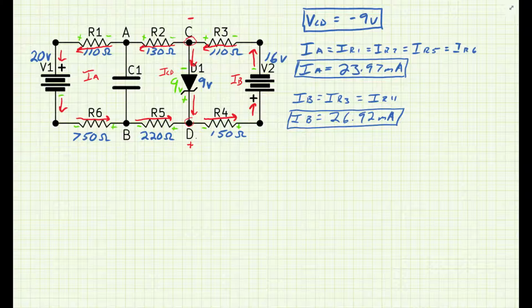All right, so now with some node analysis, I see that I've got R5 coming in and I've got ICD, the diode's current, coming in, and then some current leaving. So only one path is leaving the node. If that's true, then IB must be larger, because the sum of those two, ICD and IA, should combine to be that IB.